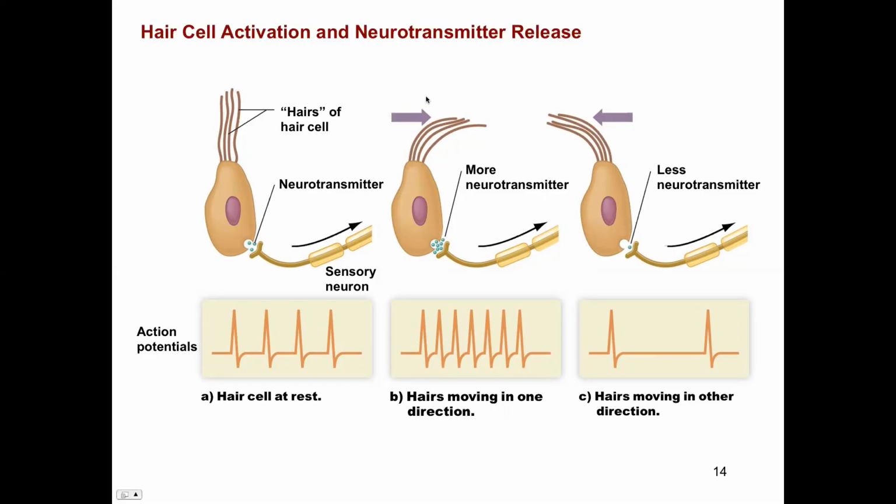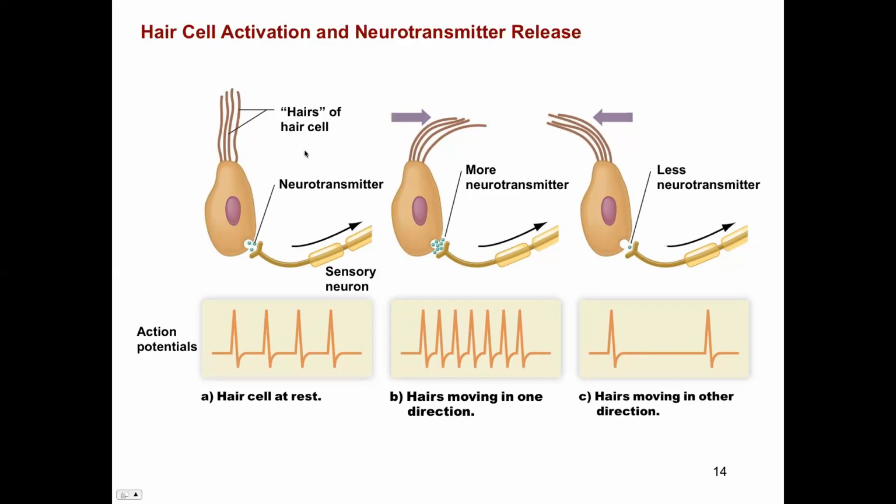For hearing, it's mostly this situation, but for the rotational movement and the balance, we have a situation where we could have more or less, so that your head knows this way or that way, forward or back. But the point is that if they're bent in one direction, they'll stimulate action potentials. Bent the other way, it's possible for them to have less. How these hairs are bent will vary between the different situations.